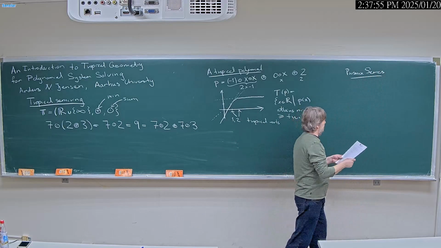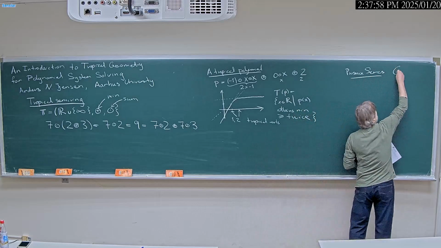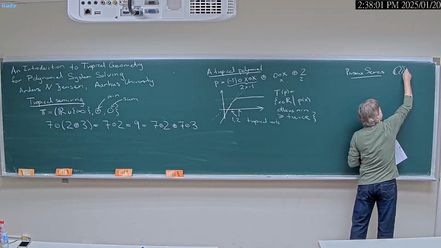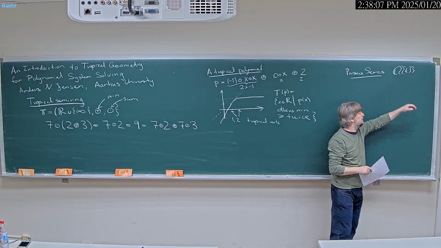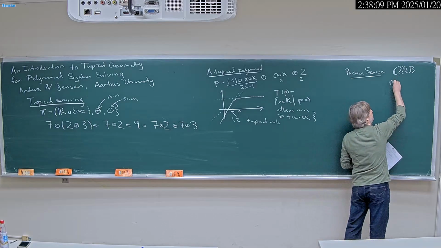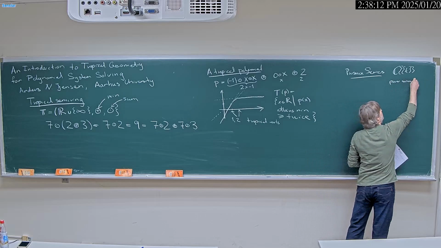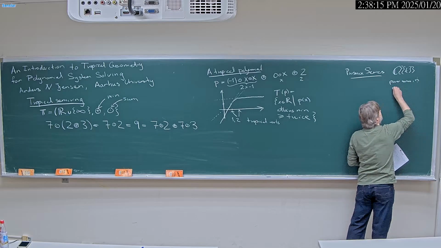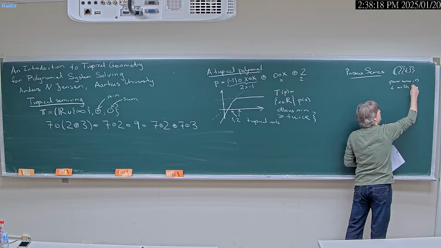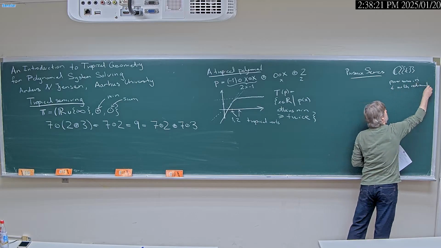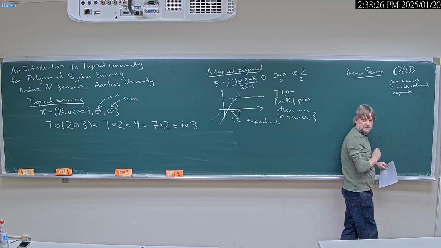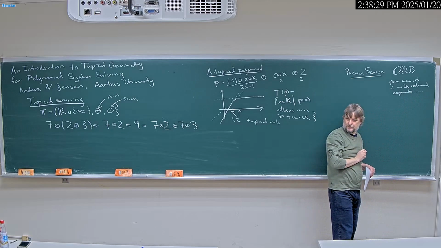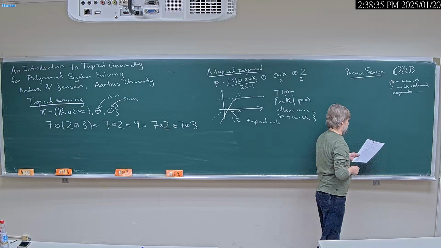Let's recall that the field of Puiseux series is written like this, and what is that? That's power series in t with rational exponents. And then some other condition about the denominators of those exponents. Well, there should be a common denominator of those exponents.